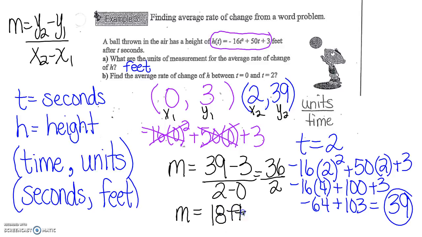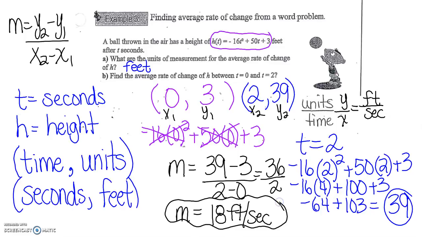And that's 18 feet per second. All right, so my units on the top, that's your y value over your x value. For this particular problem, that's feet over seconds. So that's why I expressed my answer as feet per second. That's your average rate of change.